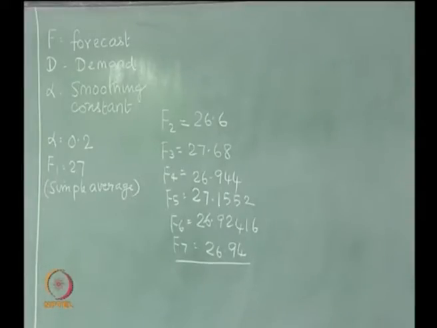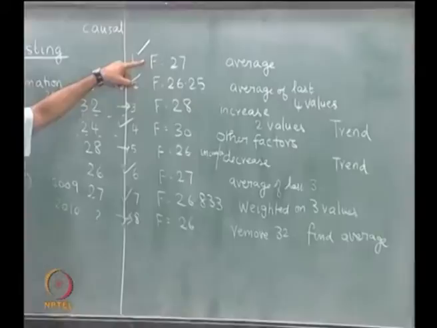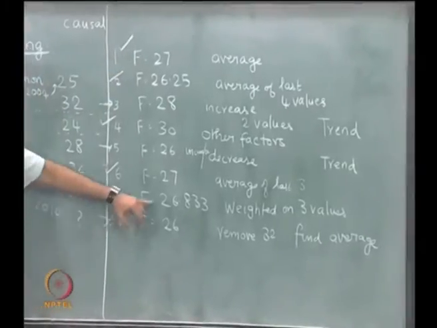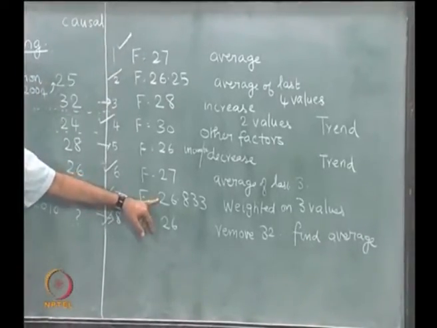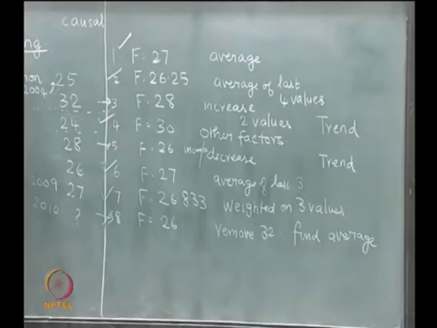Now, this 26.94, if we start comparing, is very close to the simple average of 27, and it is slightly far away from a weighted average of 26.833 if we consider a weighted moving average on the last 3 values.